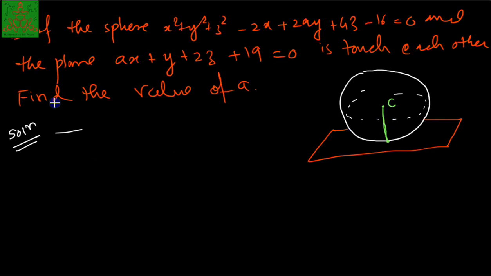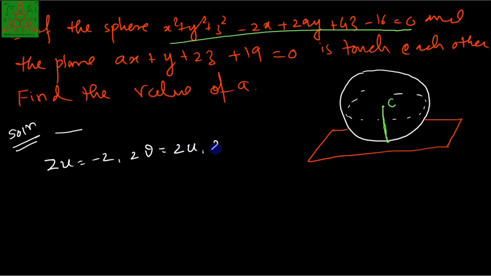So let me calculate the radius and the center of this sphere. If I compare this equation with the standard equation, 2u will be minus 2, 2v will be 2a, and 2w will be 4. So u is minus 1, v is a, and w is 2.